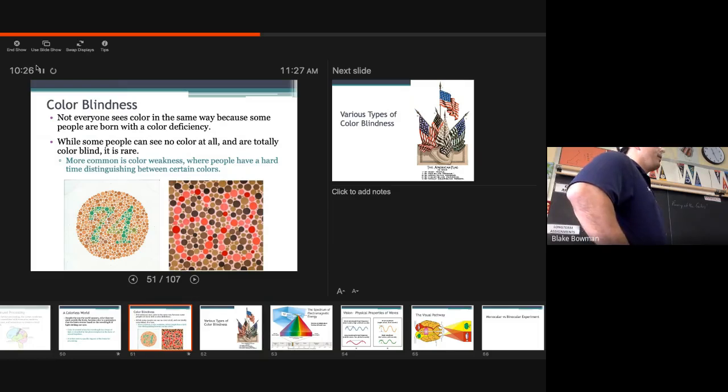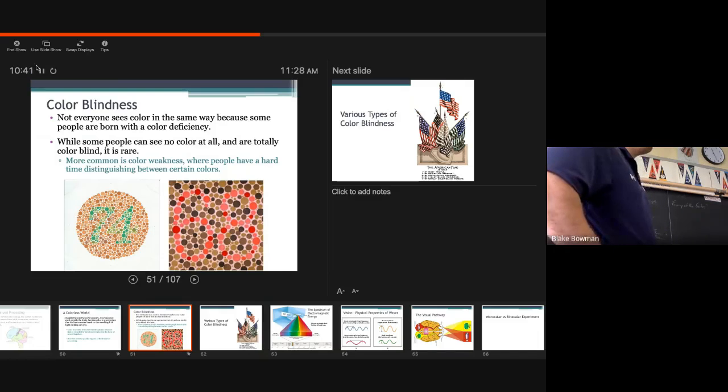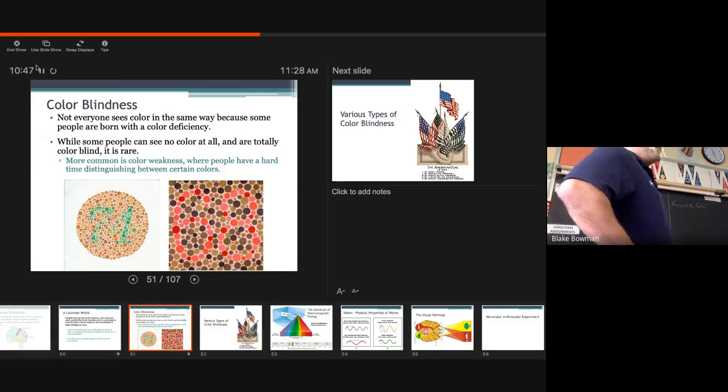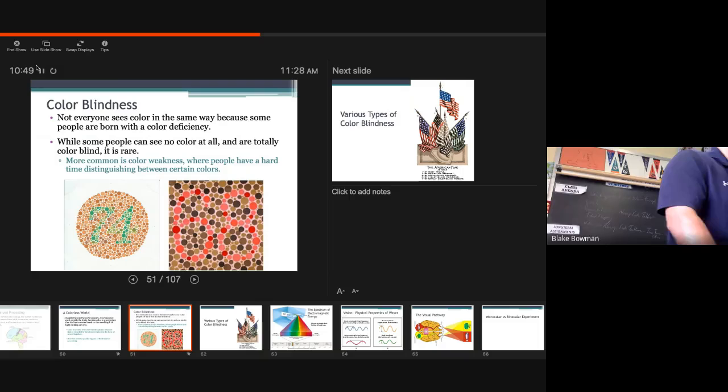My dad is colorblind. I know a couple of my friends are colorblind, and it's just because they have a deficiency with cones, depending on whether it's red, blue, a lot of times yellow, some greens as well. But like I said, this is a deficiency with the cones, and they rely more on their rods.